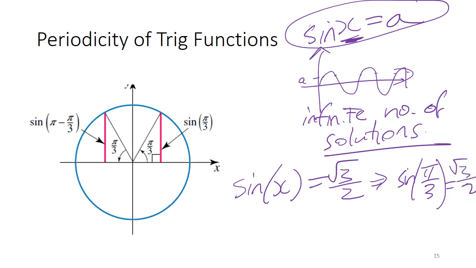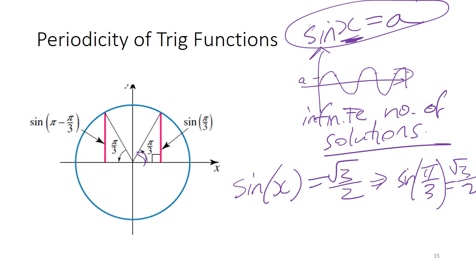As I said many times, these are the exact values that you need to remember. So sine of pi over 3 gives me root 3 over 2.